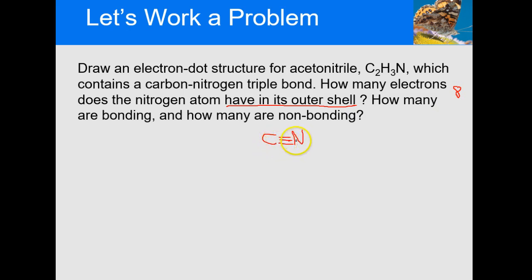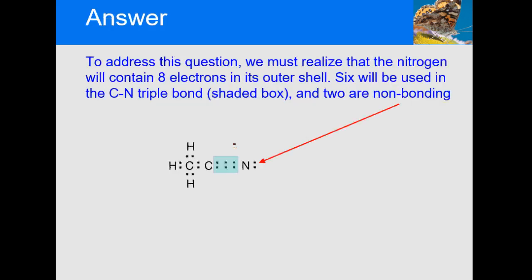Well, if you have a triple bond, that's 2, 4, 6, so nitrogen needs 2 more, which means you have 1 lone pair. So this carbon must be attached to the other carbon, and then the 3 hydrogens are around that carbon. That would be the structure for acetonitrile, and there it shows you in the dot form.